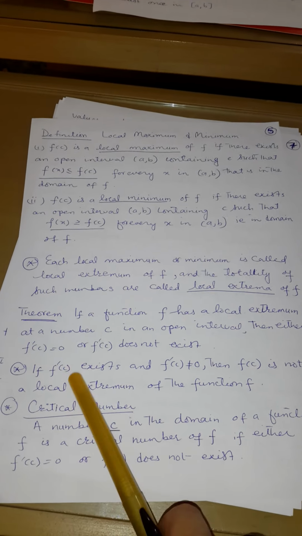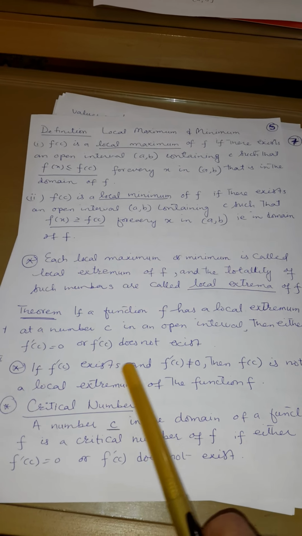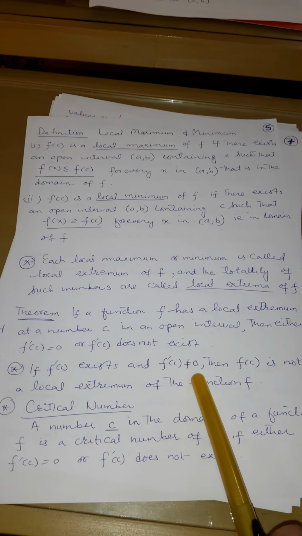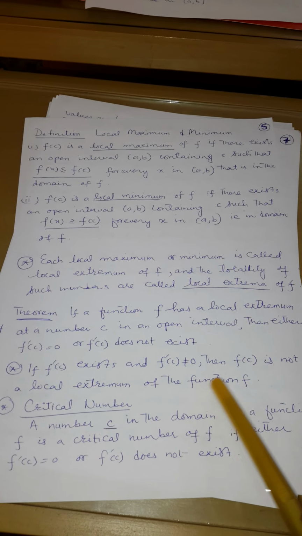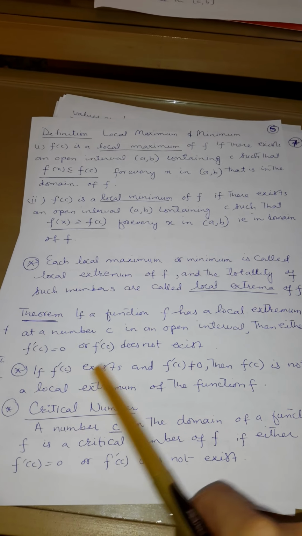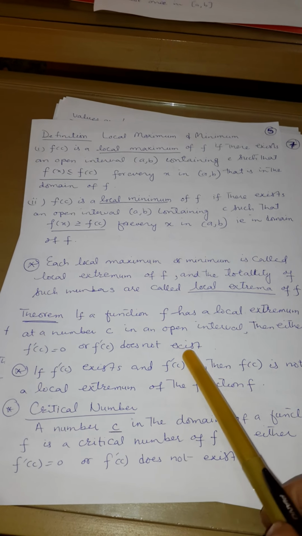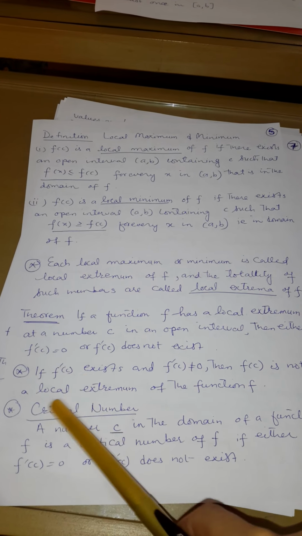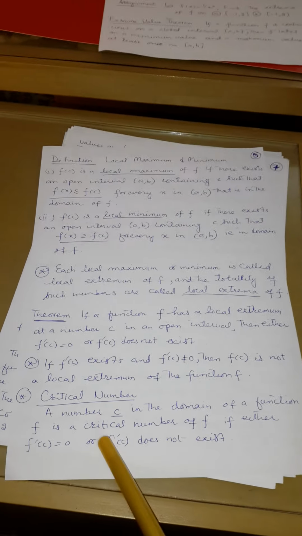We have 2 points according to this theorem. If f prime of c exists and f prime of c is not equal to 0, then f of c is not a local extremum of the function f. Sometimes the derivative exists but is not equal to 0, then in this case a local extremum of the function does not exist.